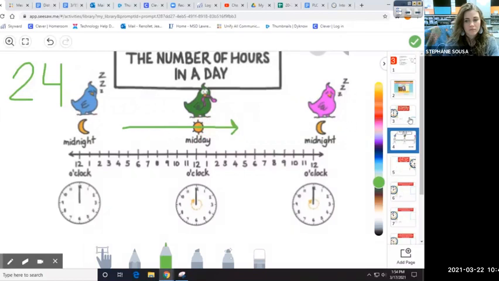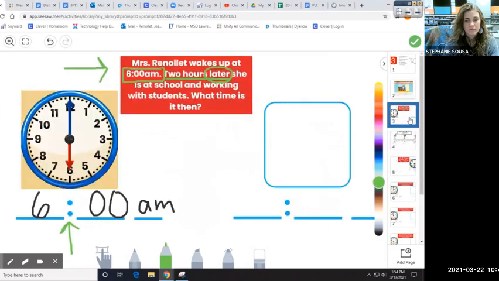I'm going to be adding the time to my start time. My start time is 6 o'clock. And how much time later? Oh, that's right. The text told me 2 hours later. I'm going to add 2 hours to find out what time it is now.